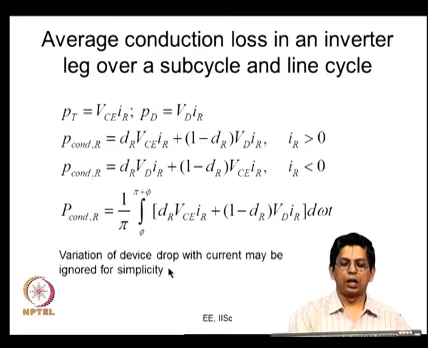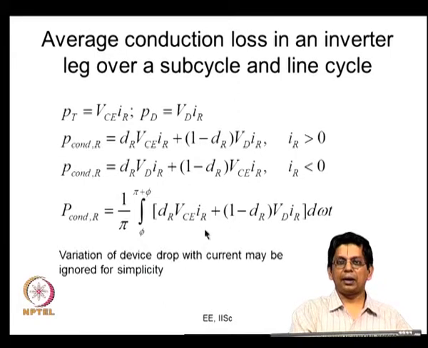ignored the variation. When you ignore the variation, VCE and VD come out of this integral, and then this is the duty ratio. This duty ratio is a function of your modulation index and omega t, and this current is a function of its peak amplitude, which we can call capital Im, and again the fundamental angle and power factor angle. So, these are the two things that you have here.